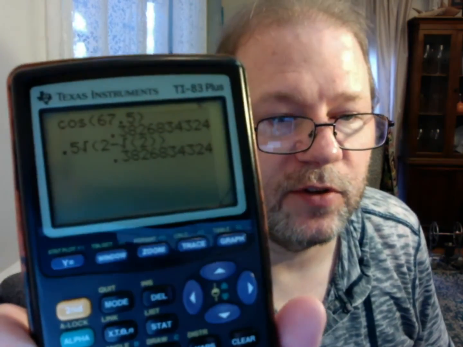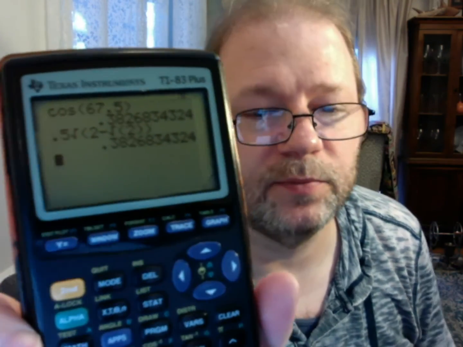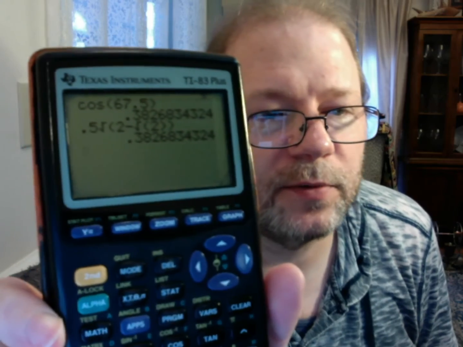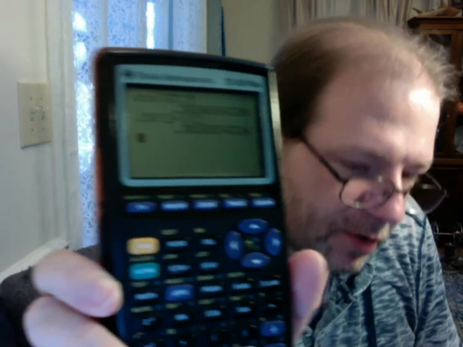And now I'm going to do 1/2 times the square root of 2 minus root 2. And sure enough, both of these give me the same number, so it checks out that it's correct. So we've got there the exact value of this.